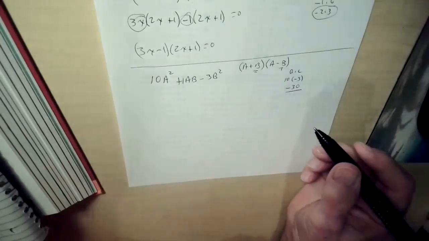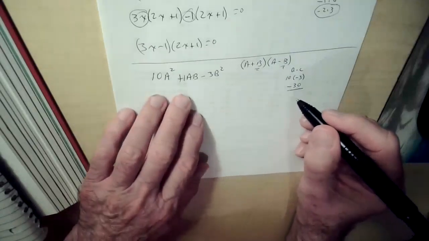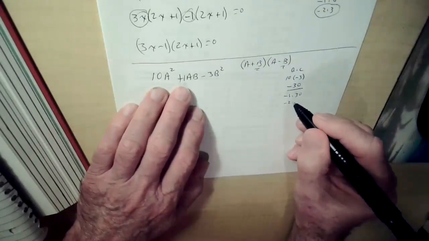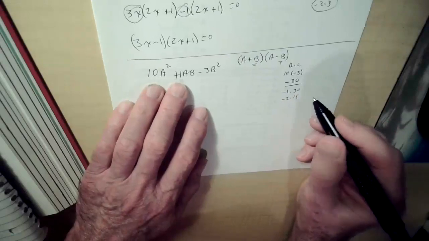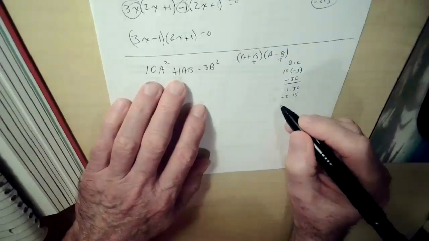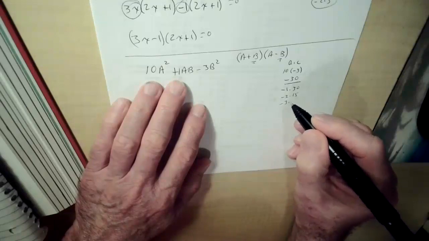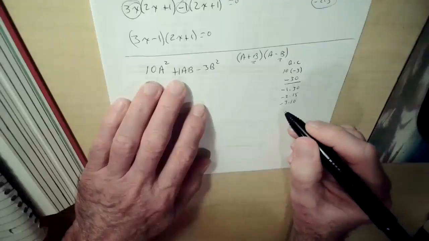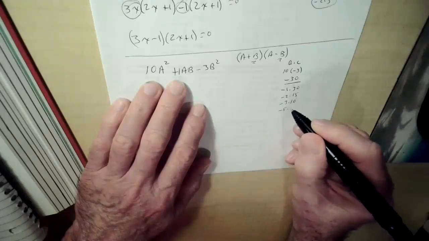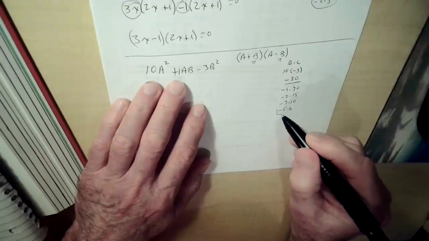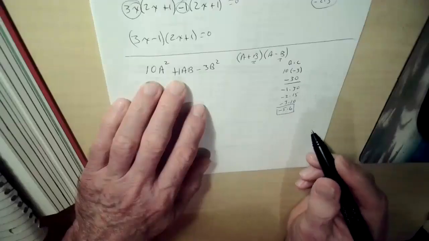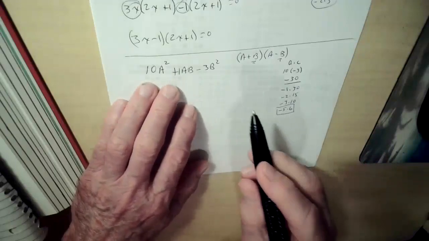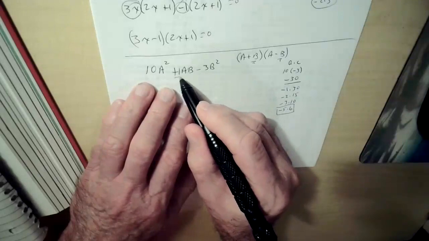Now, what are the factors of negative 30 that will give us the coefficient here, which is 1? We just don't write it. Negative 1 times 30? No. Negative 2 times 15? No. Negative 3 times 10? No. Negative 5 times 6? Yes. Why does it always seem like it's the last one?